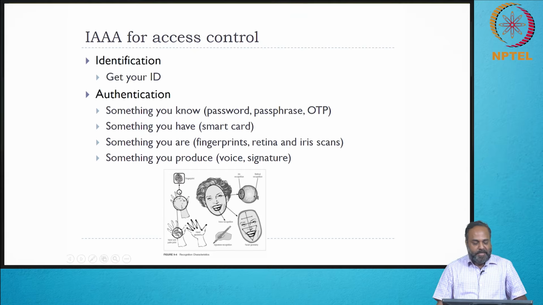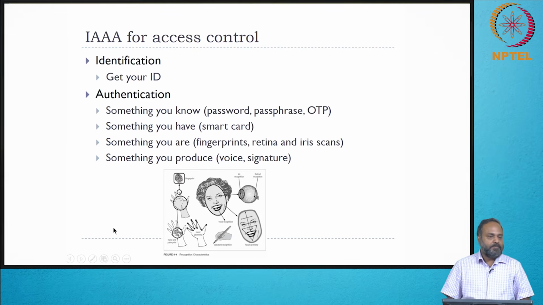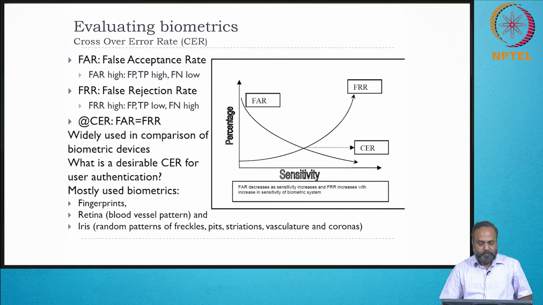So, you can see the different methods of authentication using different types of IDs or a combination of them, which is called multi-factor authentication. And this can be biometric, that is a part of your body, or it can be non-biometric. So, both can be used in combination.